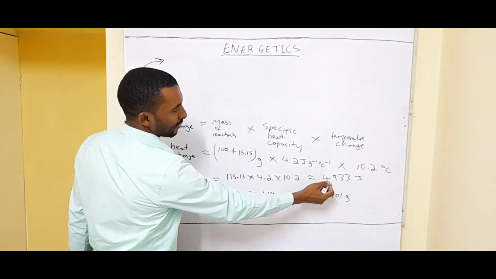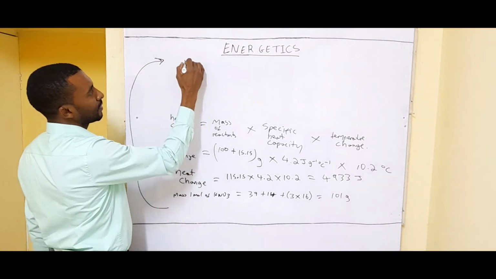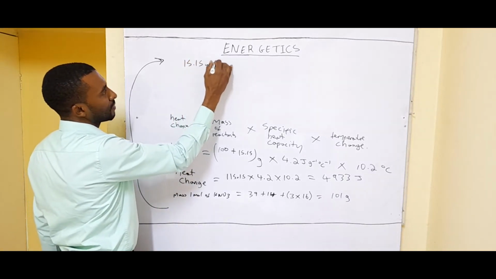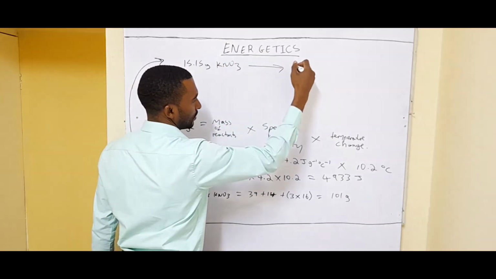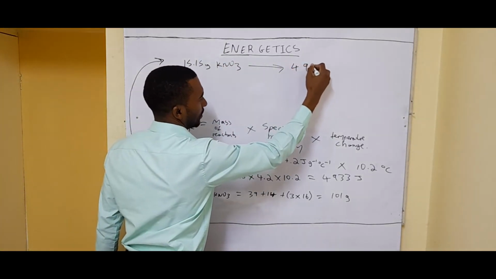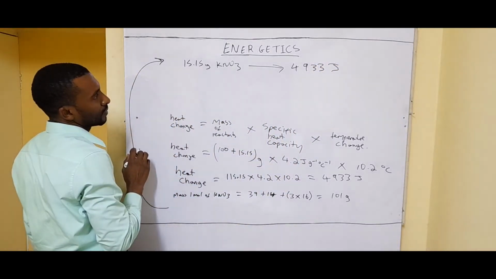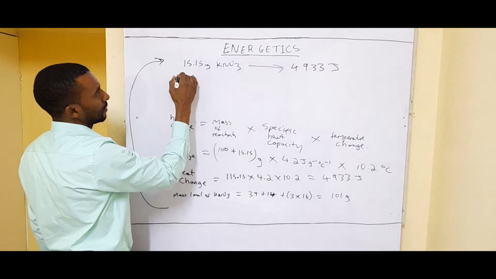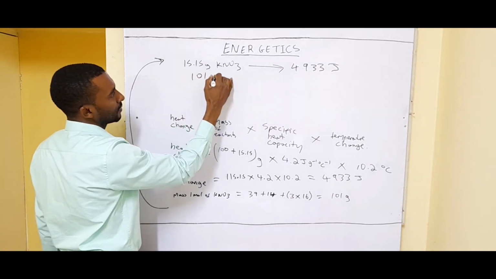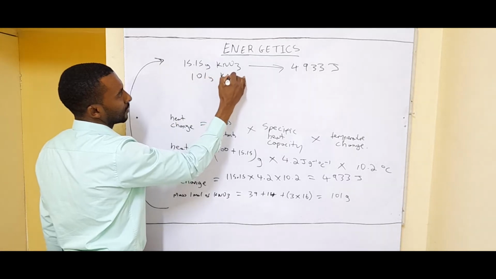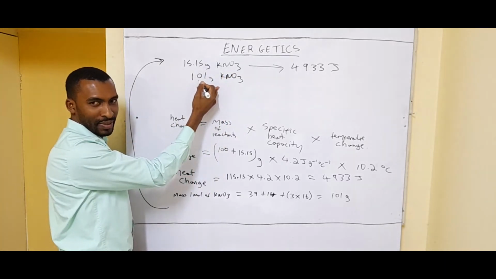The value that we get here, 4933, is the energy absorbed by 15.15 grams of KNO3. Therefore, for the mole, we're saying here this is 1 mole. Following?